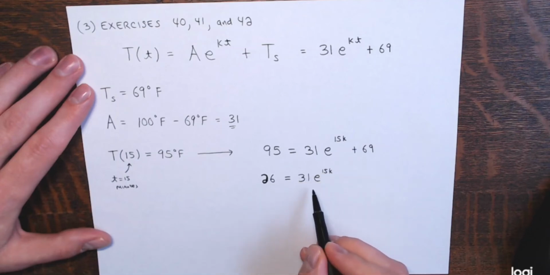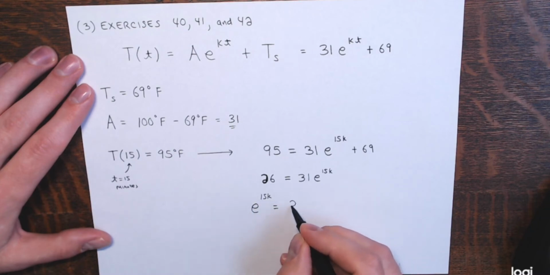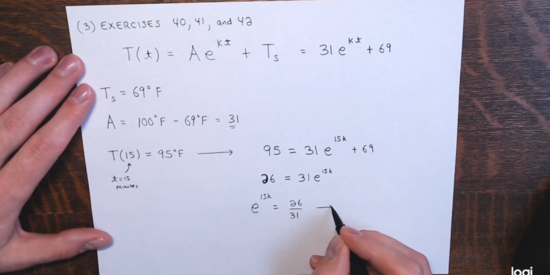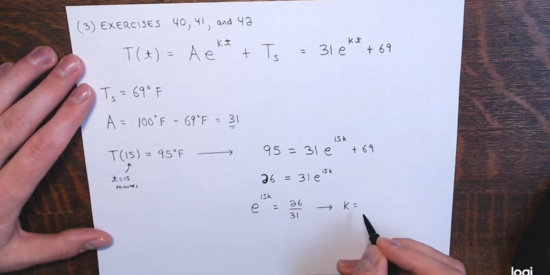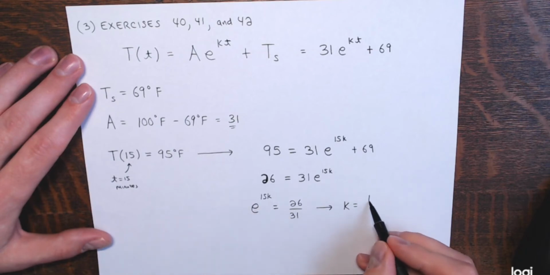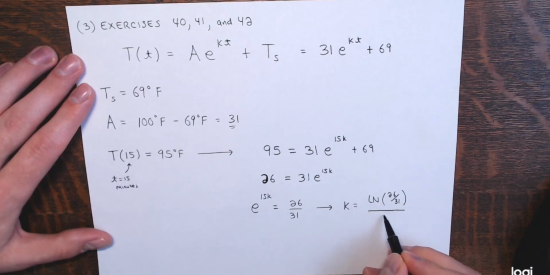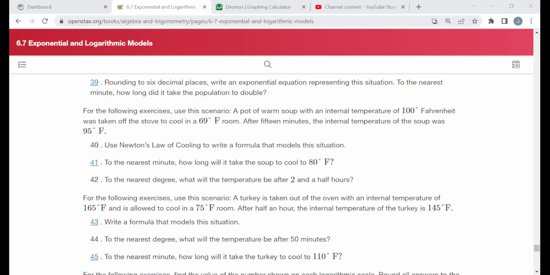Divide by 31, we have e to the 15k equals 26/31. And then solving for k, we change this to natural log form and then divide by 15. This would be the natural log of 26/31 divided by 15, which if you want, we can round to 5 or 6 decimal places.